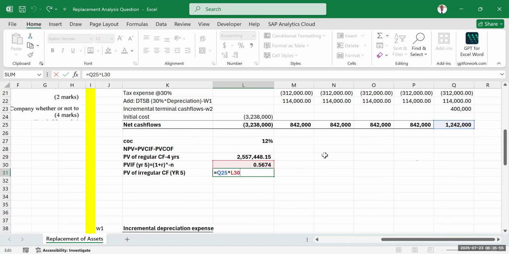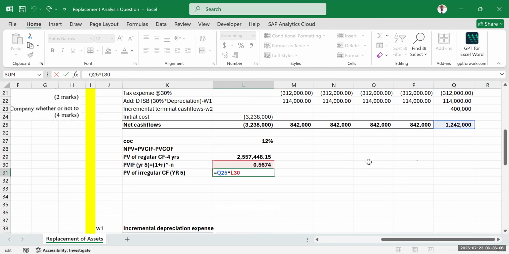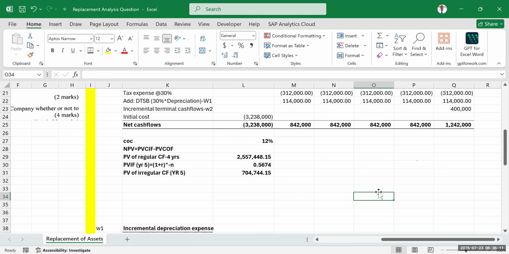Yes, this one here. You just multiply the discounting factor, the PVIF that we've gotten, by the irregular cash flow in year 5, the 1,242,000. That's how you get the present value of that cash flow. Are we okay, Vincent? Very good.